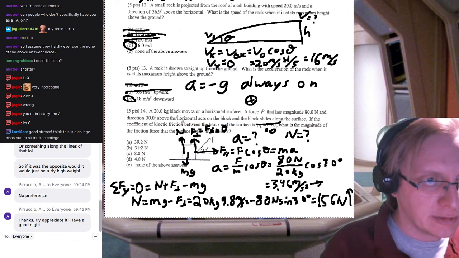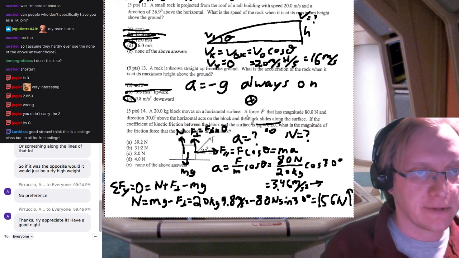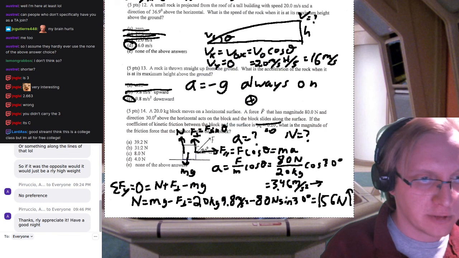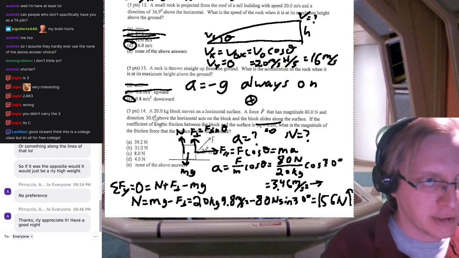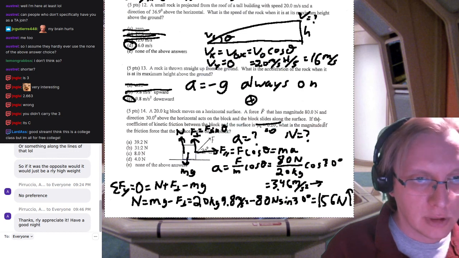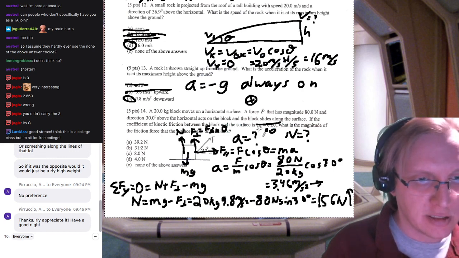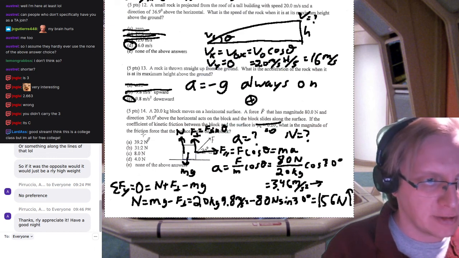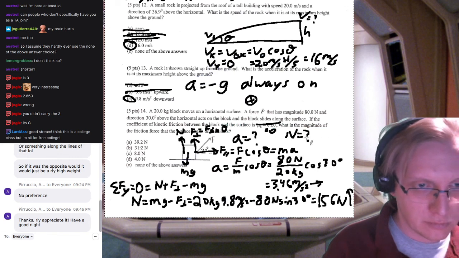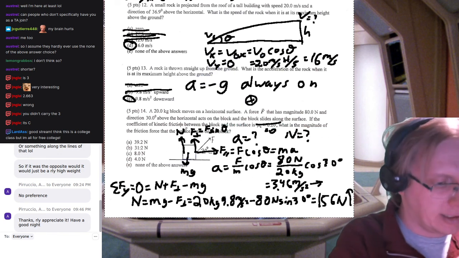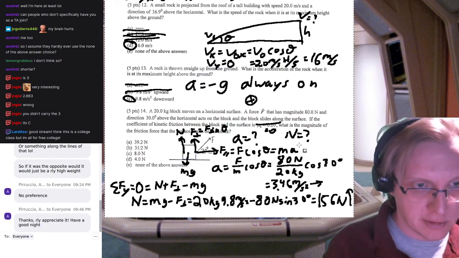All right. So a 20 kilogram block moves on a horizontal surface. We have a force going up and to the right of 80 newtons, at 30 degrees above the horizontal. If the coefficient of kinetic friction between the block and the surface is 0.2, what is the magnitude of the force of friction? Oh, right, we're almost there. So let me go ahead and grab stuff, get rid of stuff.